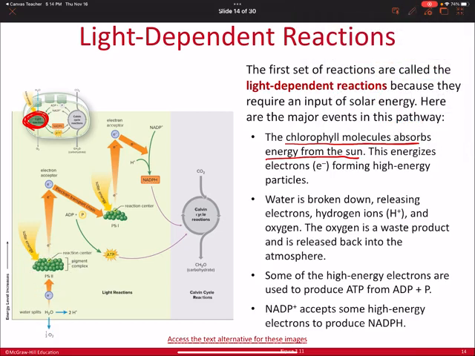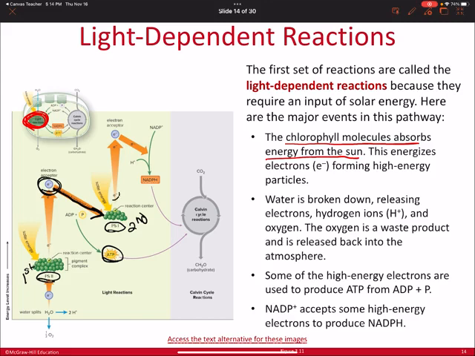Well, these electrons are being passed along, making ATP, and they end up here at this other thing called photosystem 1. This is photosystem 2. Photosystem 2 happens first. Photosystem 1 happens second. We name them PS2 and 1 because that's the order we discovered them in, not the order in which they happen.